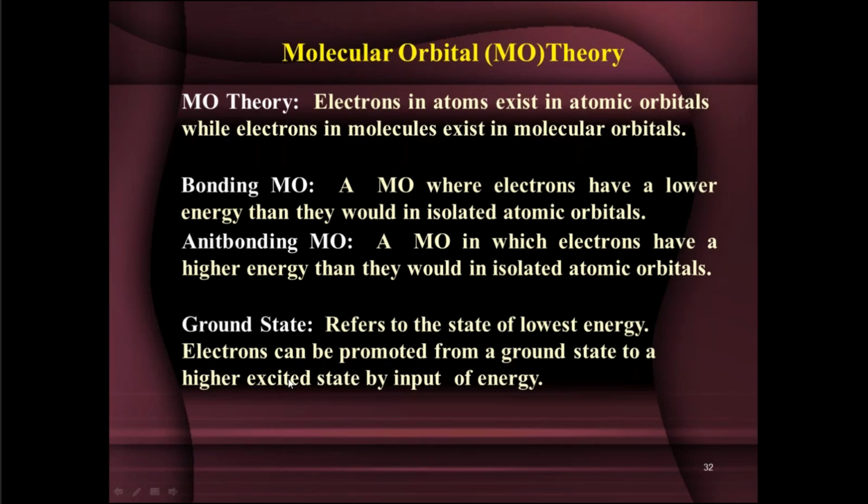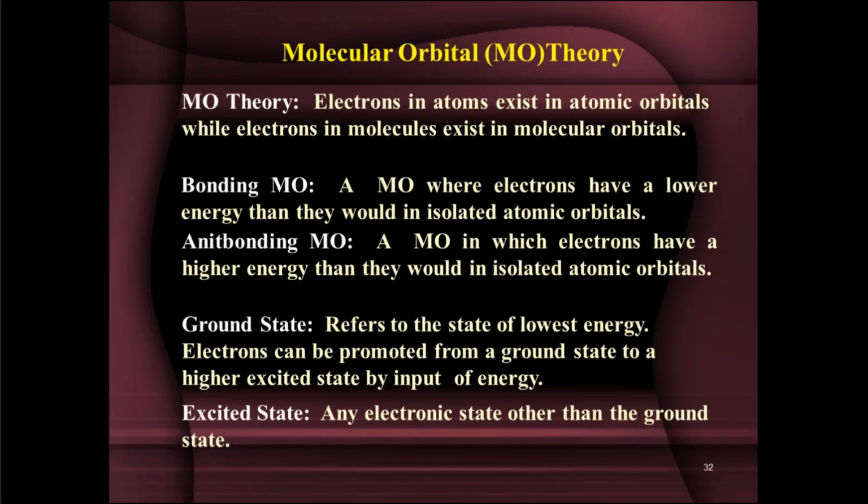The ground state refers to the state of lowest energy. Electrons can be promoted from the ground state to a higher excited state by input of energy. So electrons in the ground state can take up energy and be promoted to a higher excited energy state.